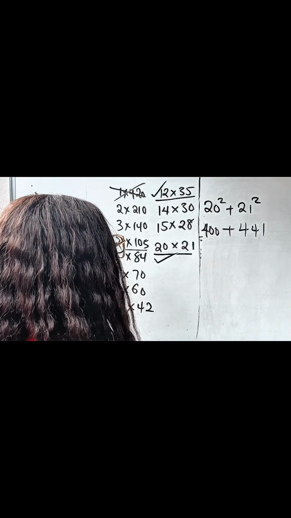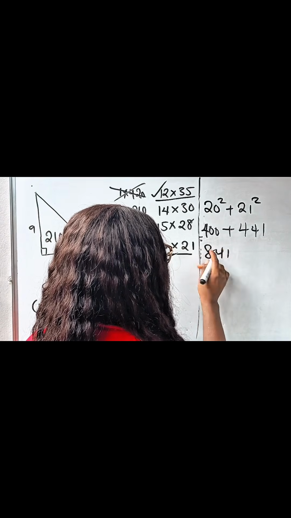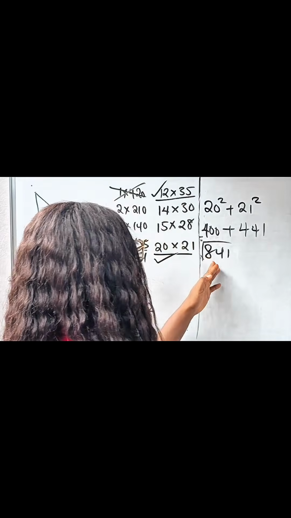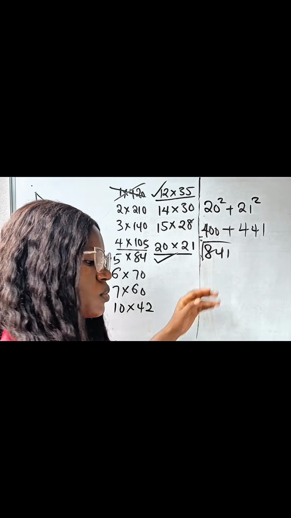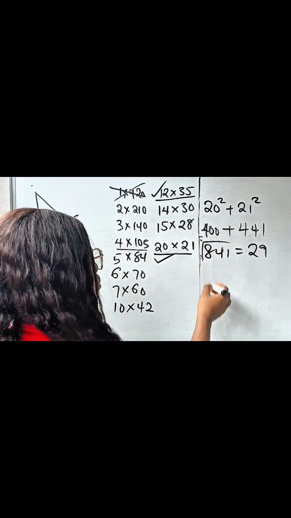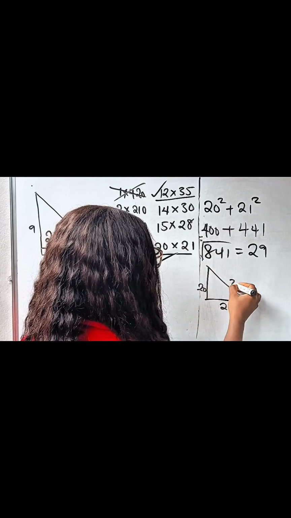If we add them, we have 841. We know that the square root of 841 is 29. Therefore the second triangle has sides 20, 21 and 29.